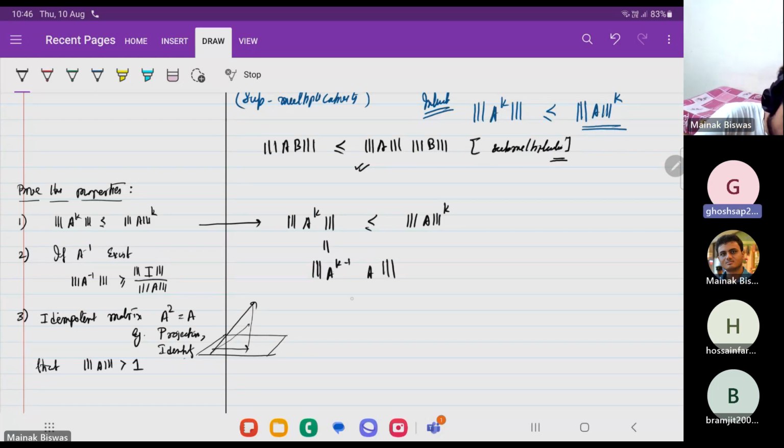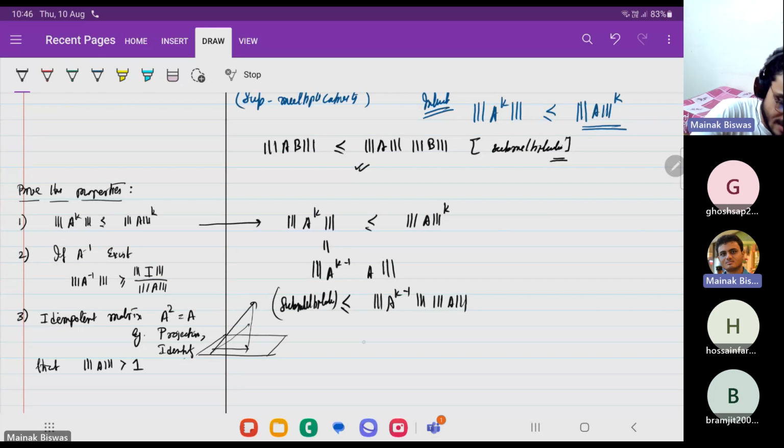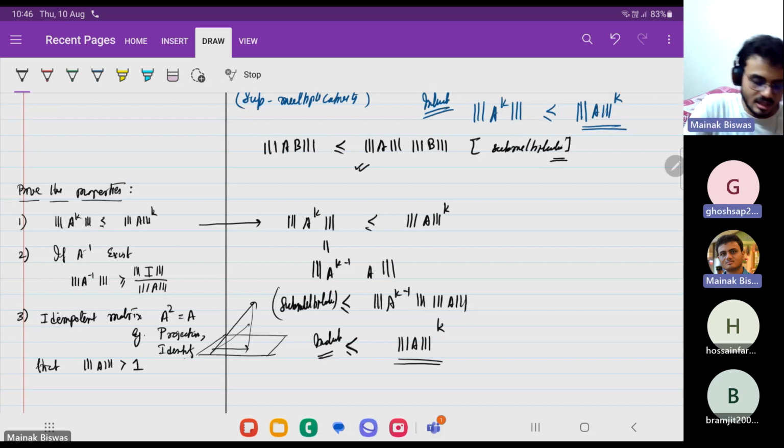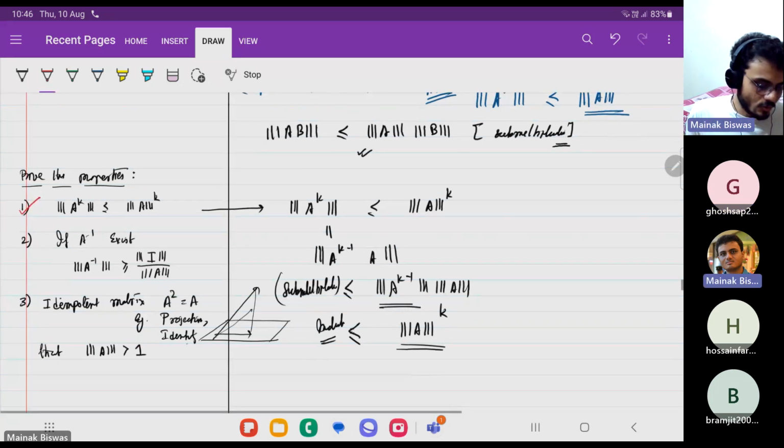So again, using submultiplicativity, I will get this, and then by induction, I will get this, as I keep on decreasing the power. So you are done.